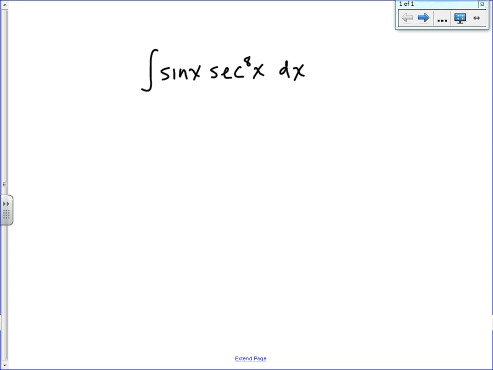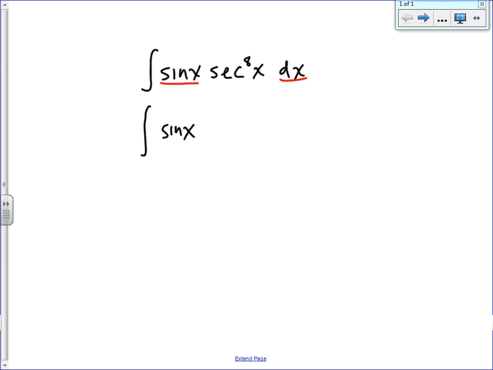Now, the first thing we want to do is, if you notice, we have a sine of x and a dx. So we've got to think of how we could get rid of that. And the way we want to get rid of that is we would have to have a cosine in there. So we're going to rewrite this integral as sine of x. But now is there a way to rewrite secant 8x in terms of cosine?